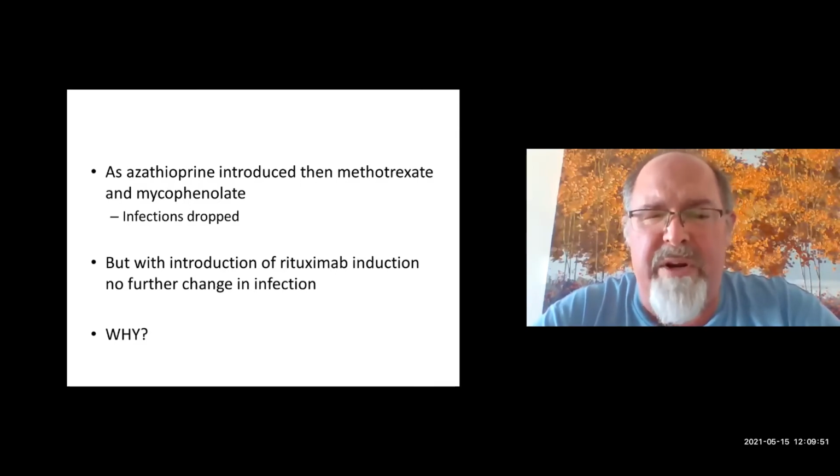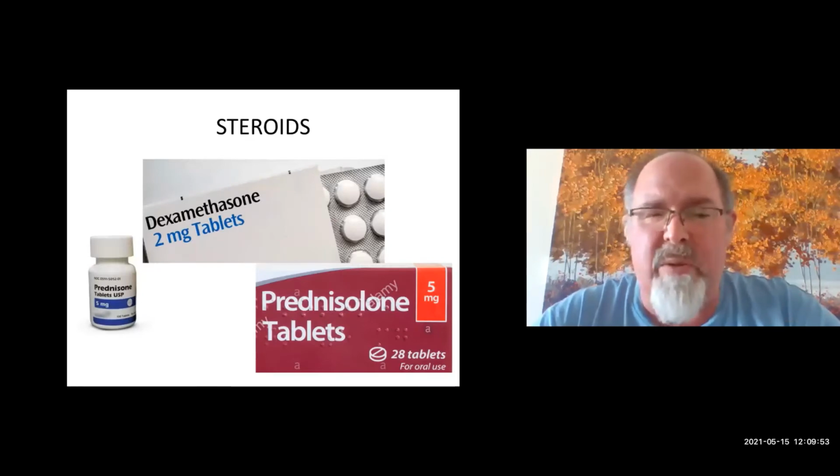So people really wondered, why was this? And once again, we return to our old friend and enemy, a true frenemy. Prednisone, dexamethasone, prednisolone, all help people survive vasculitis at the start. But the long-term effects are legion, and they are the greatest cause of the increased risk of infection.